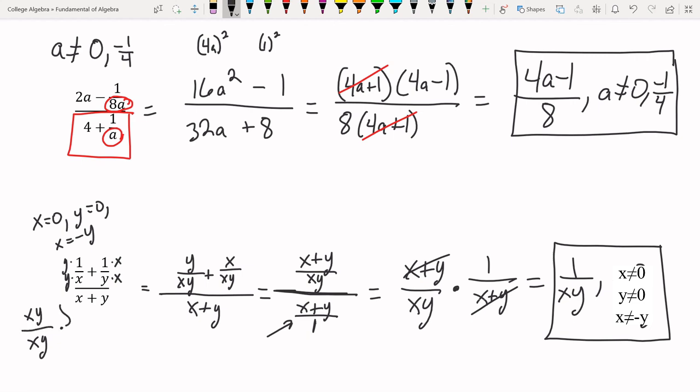If you had done that, you would have gotten a similar process as the top one did. The problem, however, is when you have more complex fractions. Sometimes it's easier to think of it as a fraction over a fraction and then multiply by the reciprocal. Either way, if you keep your head in the game and you do the algebra correctly, you will get the same answer.